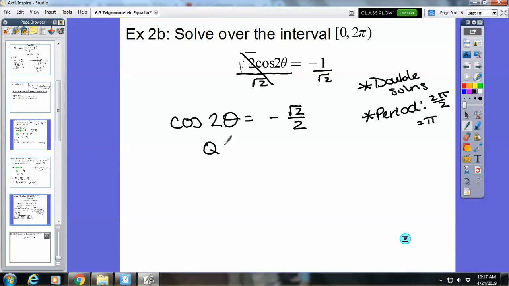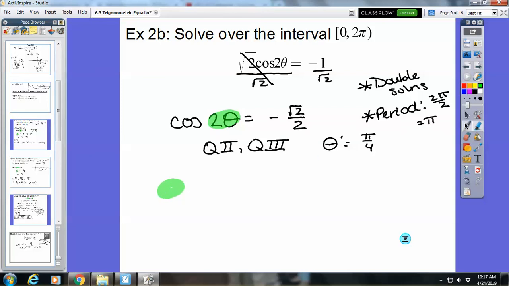Okay. When is cosine negative? Second, 2 and 3. Reference angle. When is cosine radical 2 over 2? Pi over 4.